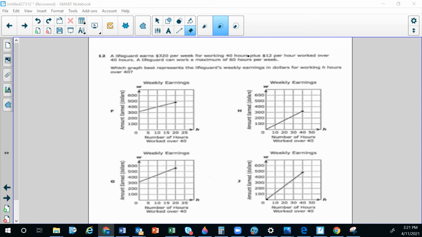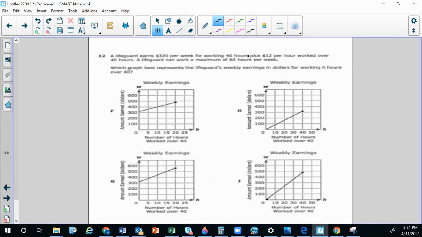Now on this one, I have to admit I had to read it like three times to figure out exactly what they're saying. I think the wording could have been worked on just a bit more. So here we go. A lifeguard earns 320 per week for working 40 hours. That's a key statement right there.